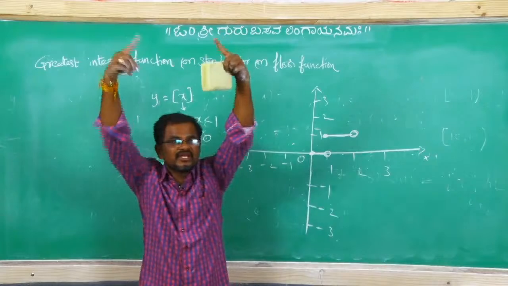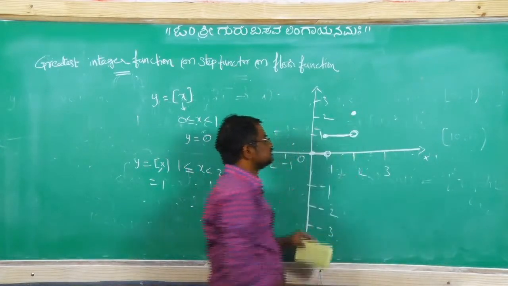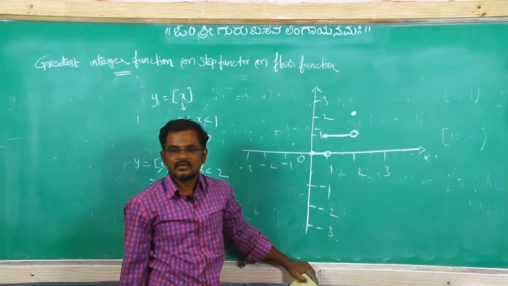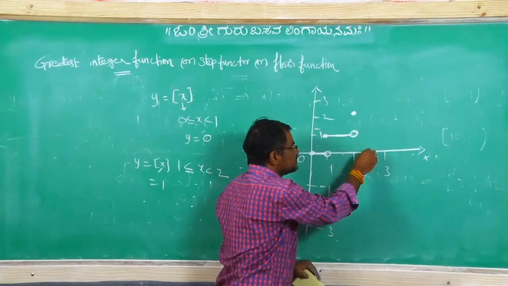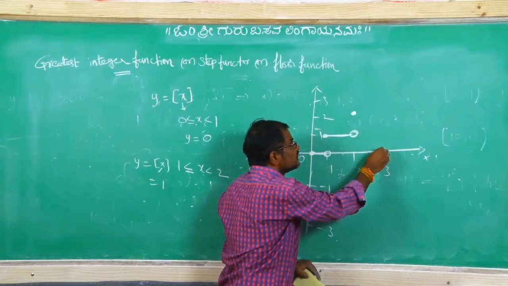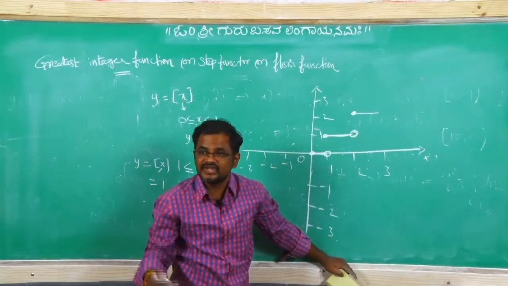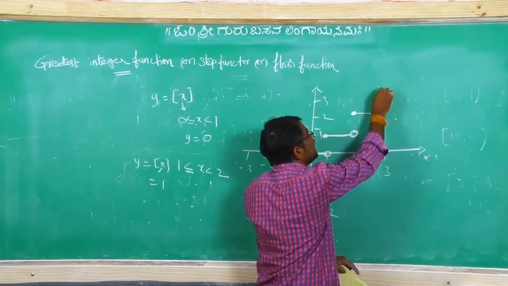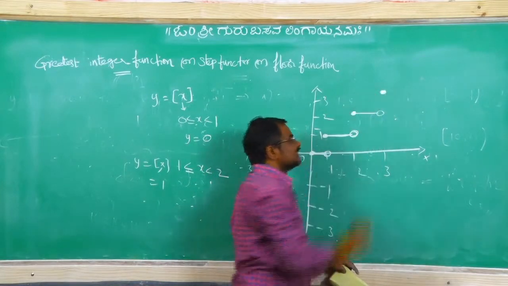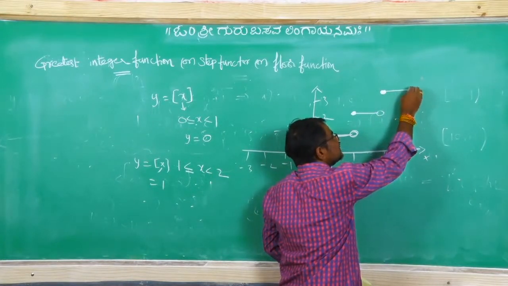It jumps to 2 here. Next 2.1, 2, 2.3 to 2.9, 2 only. But whenever x equal to 3, y value is not 2, it jumps to 3. 3.1 to 3.9, 3, like this.